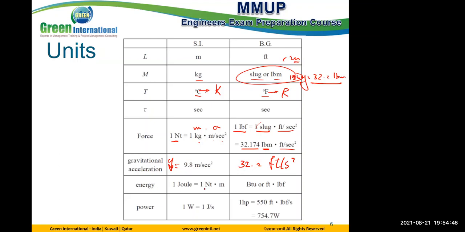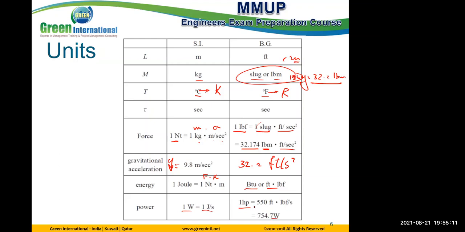Energy: 1 joule is equal to 1 Newton meter, because as we know, energy is equal to force times distance. Here it is BTU, or pound force feet. Power is 1 watt, which is 1 joule per second. Here is horsepower, and we can change horsepower to watt, and also to feet pound force per second.